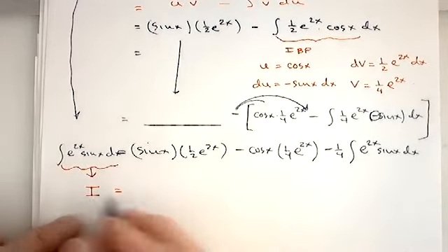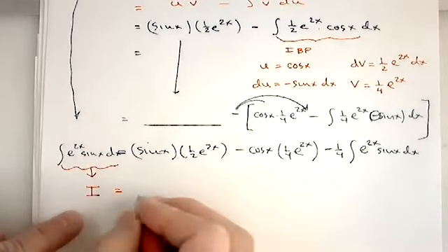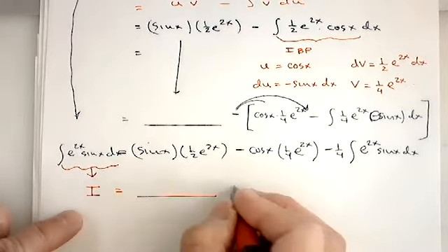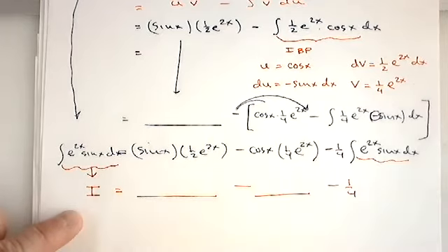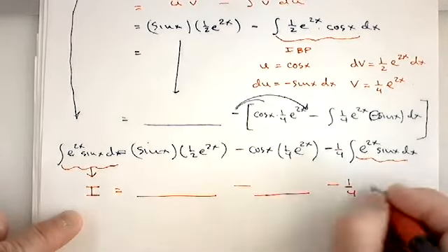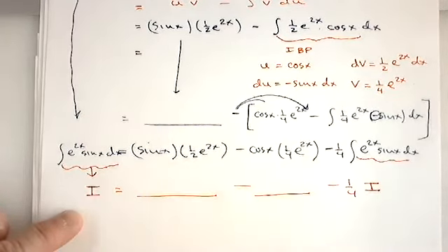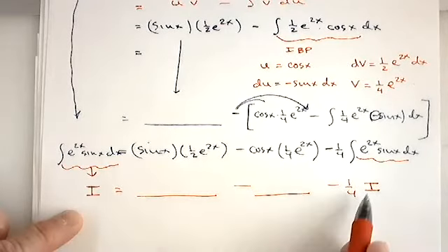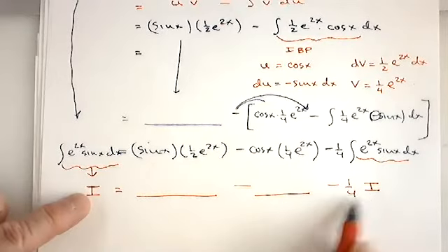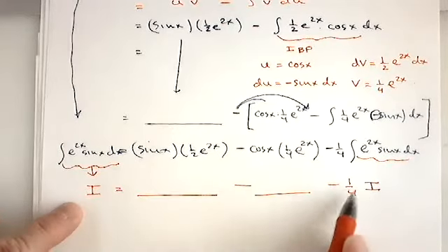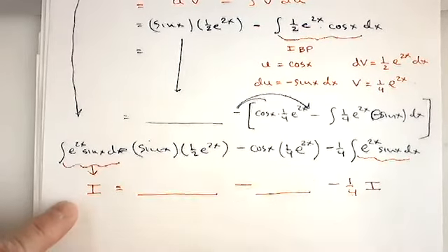Here's what I see. This says I equals some stuff minus some stuff minus 1/4. What is that? Isn't that just I again? If my goal is to solve for I, right, I'm supposed to evaluate this integral, how would you do this algebraically? What would you do with this I right here? Think of algebraically. What would you do?